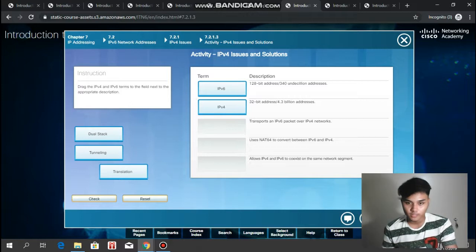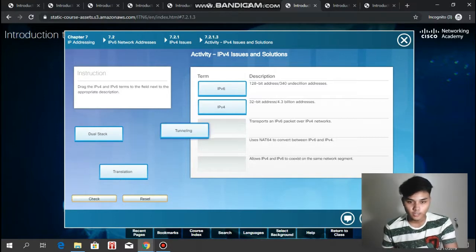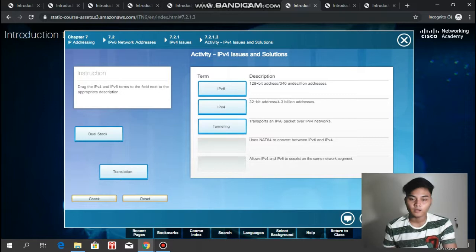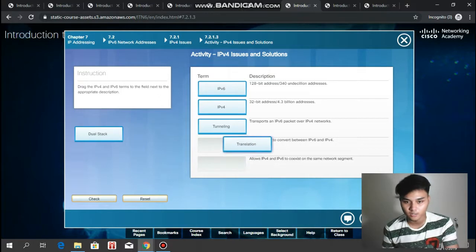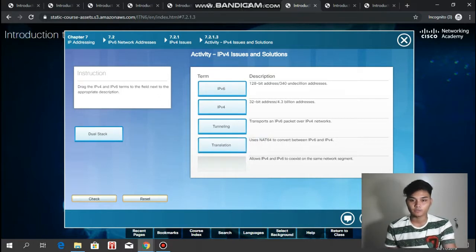Transport an IPv6 packet over an IPv4 network, we have tunneling. The keyword is transport. Next, uses NAT64 to convert between IPv6 and IPv4 is translation because it is convert between.